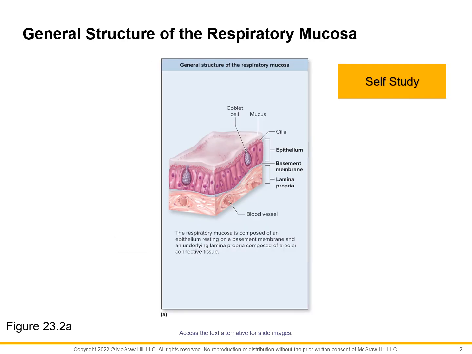So next, let's look at the general structure of the respiratory tubes, right? So your airway, your nostrils, your throat, all of that is part of a tube. And just like we saw in our digestive system, the walls of this tube are going to have your mucosa, submucosa, and muscularis externa.